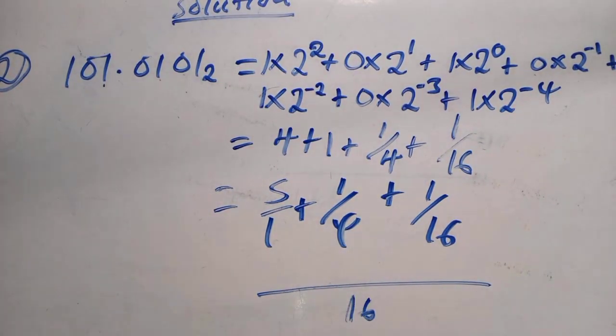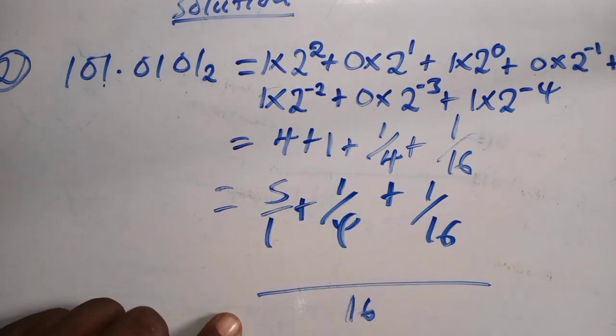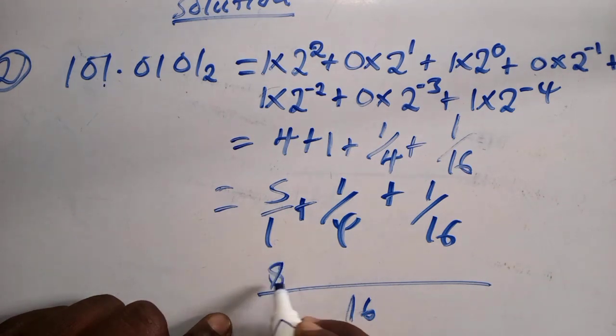This is our common denominator. 1 into 16, it is 16. 16 times 5, we are going to have 80.